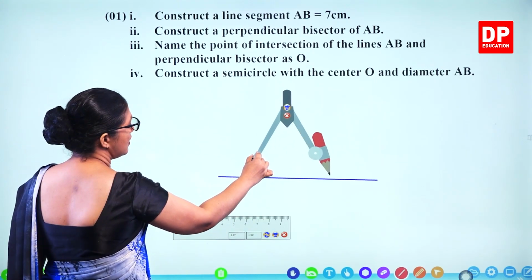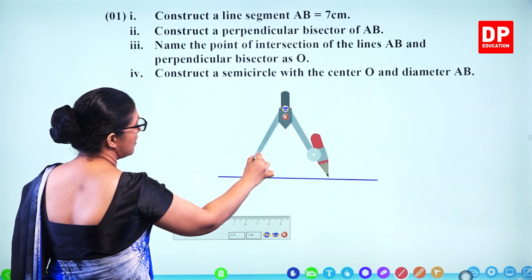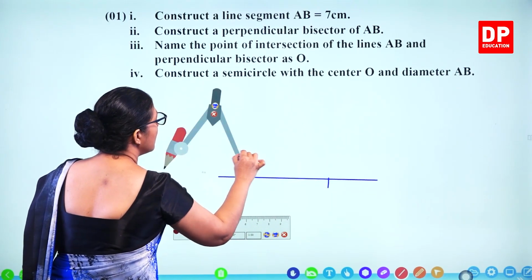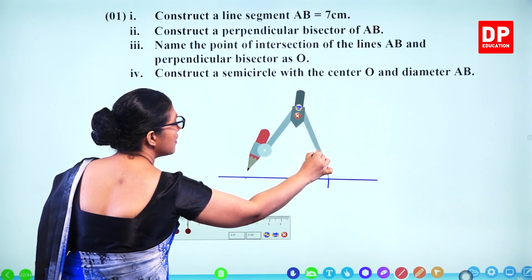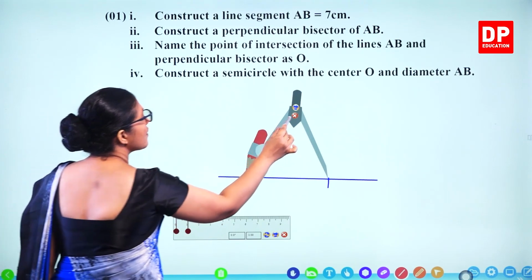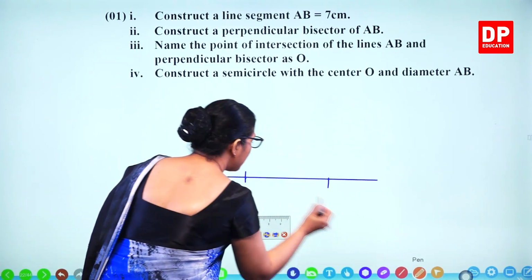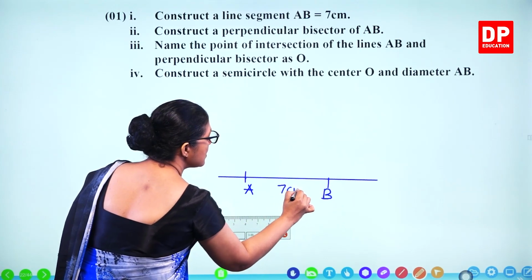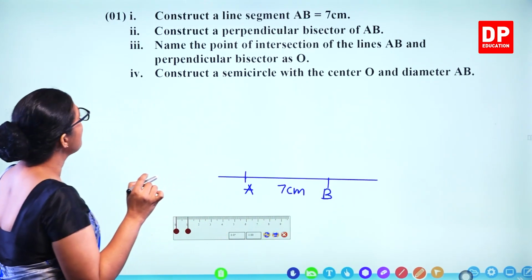So here, draw an arc and draw the other arc here. So this is AB length, 7 centimeters. That's the first step.